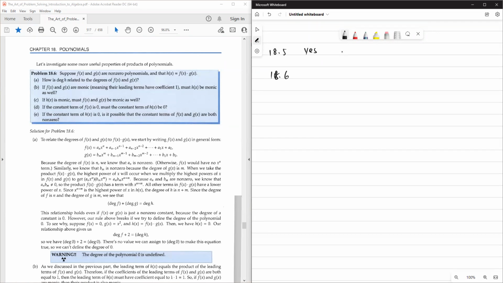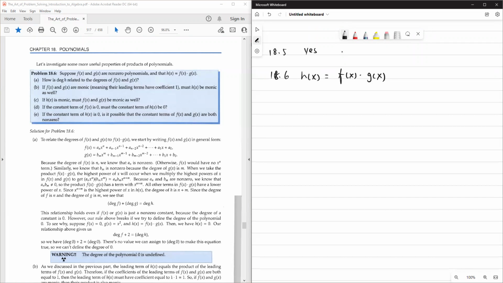Suppose they are non-zero polynomials, which is important because, like I said earlier, you can only end up with a 0 polynomial when you have multiplied by a 0 polynomial. So h of x equals f of x multiplied by g of x. How is the degree of h related to the degree of f and g? That's just some conceptual checking.